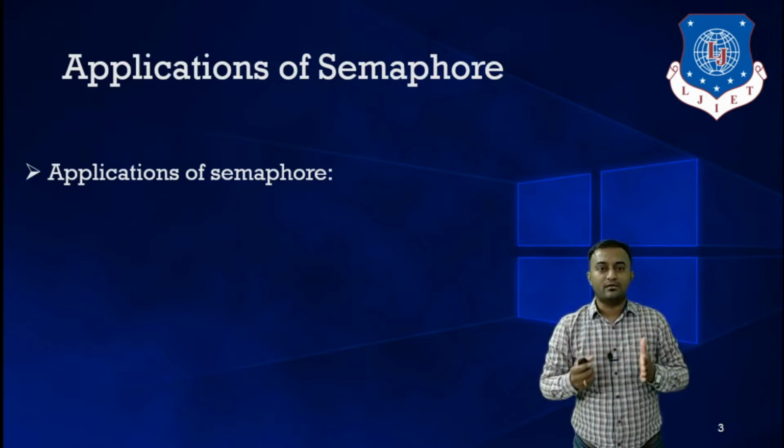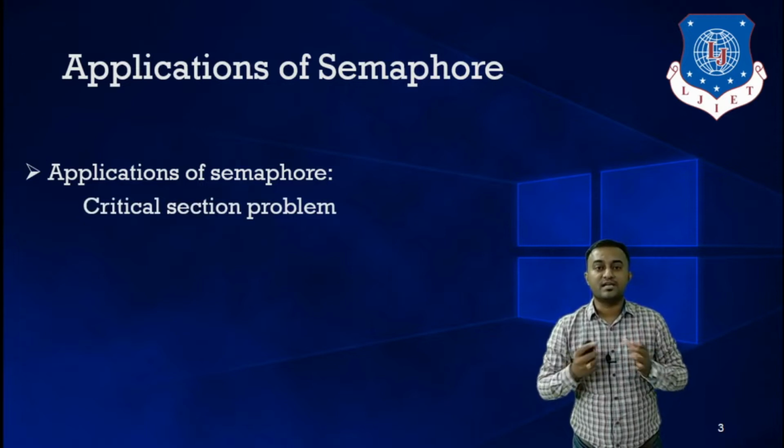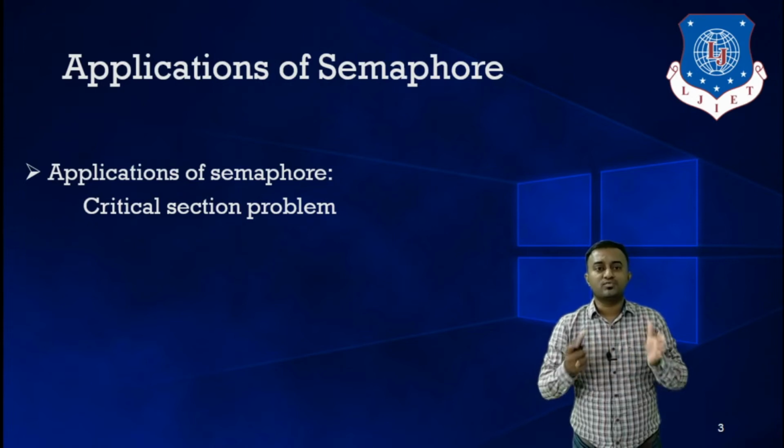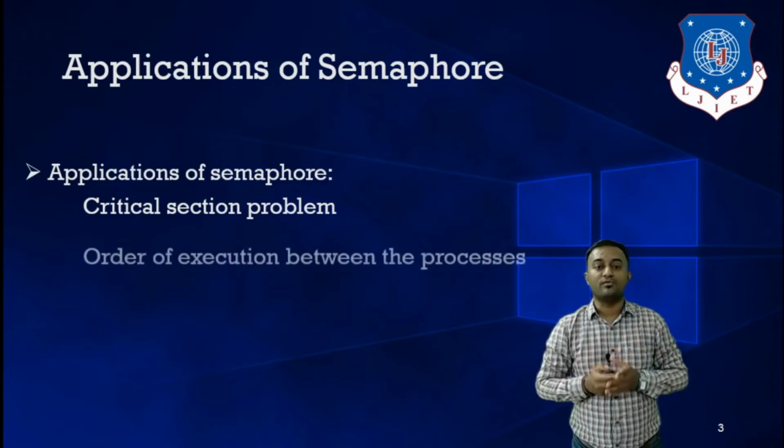We also discussed one application of semaphore in the previous session, the critical section problem, and how we can solve it with the help of semaphore. In this session, we are going to discuss the remaining two applications of semaphore.